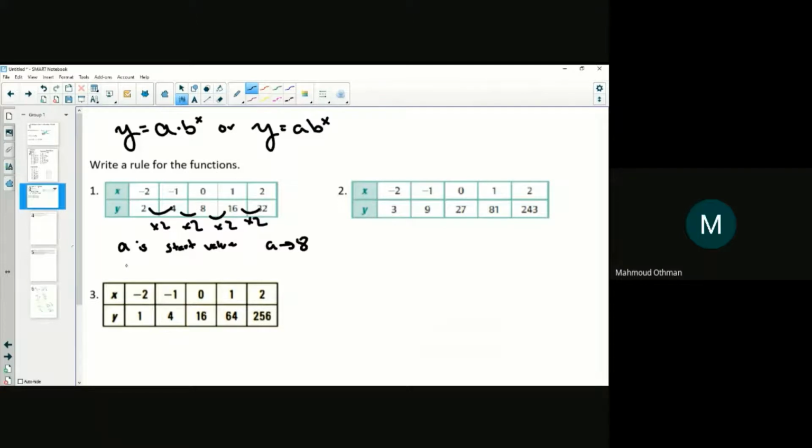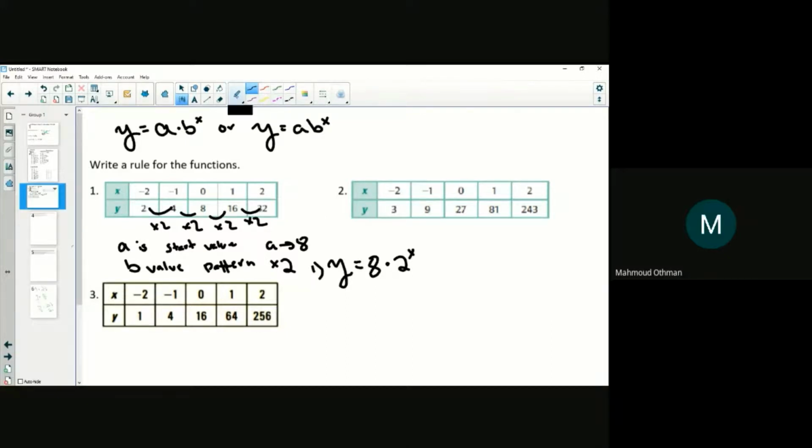And my b value is the pattern. B value is my pattern. So I'm going to multiply by 2 each time. So therefore, my function is going to be y equals 8 times 2 to the x for the first one.